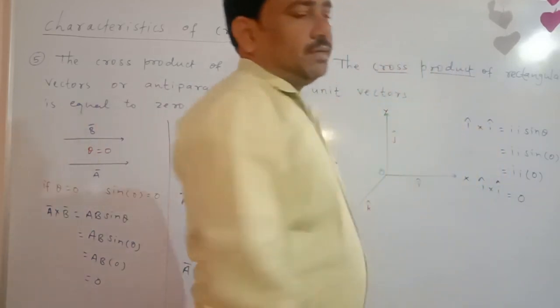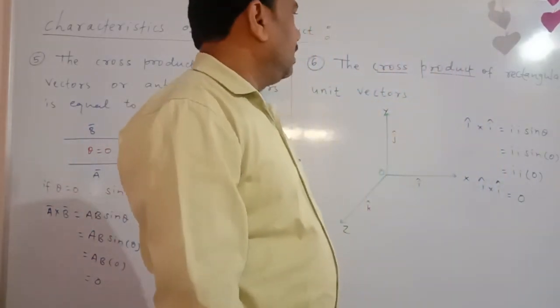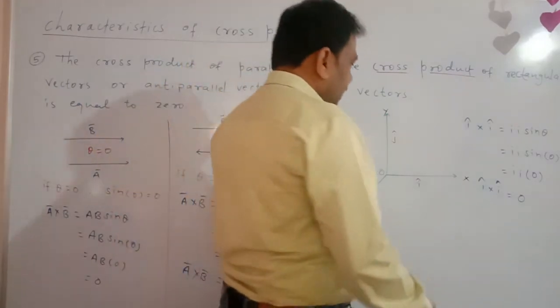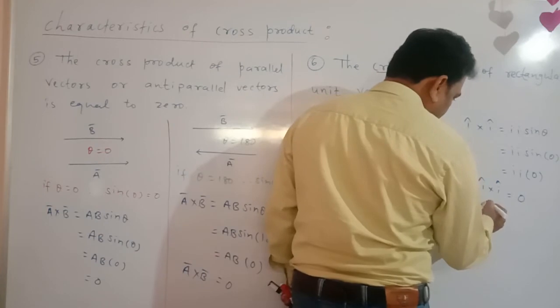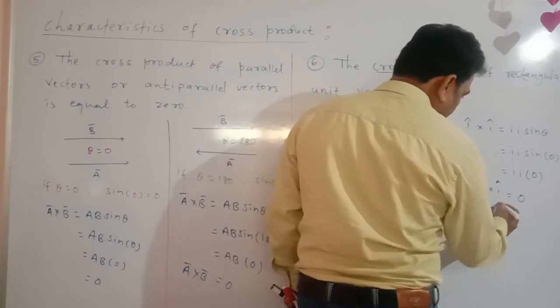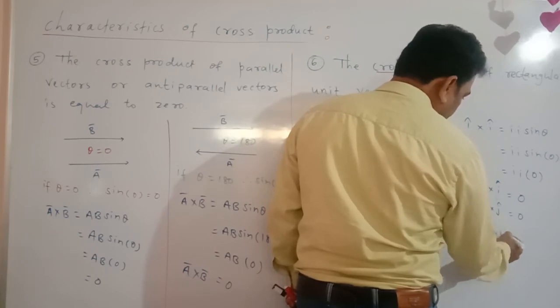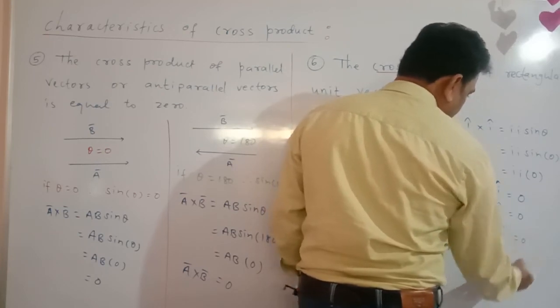Similarly, we can write j cap cross j cap is equal to 0. Then k cap cross k cap is equal to 0.